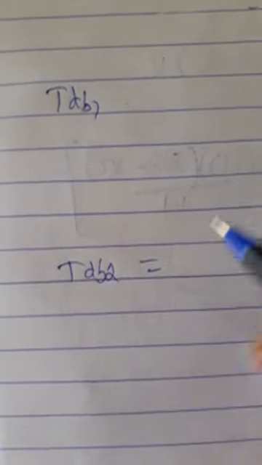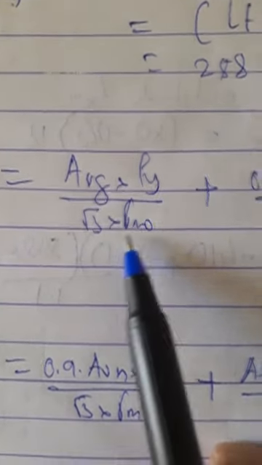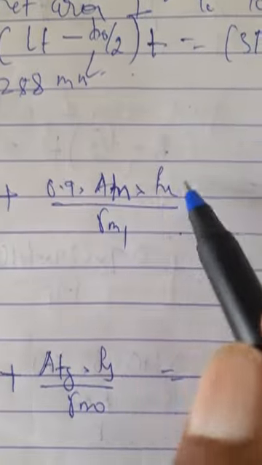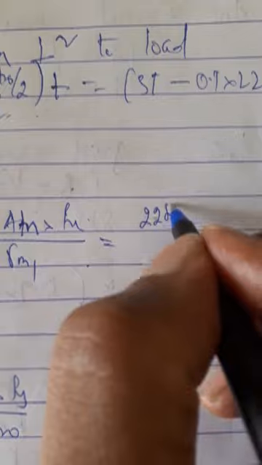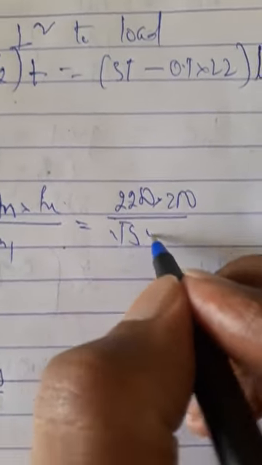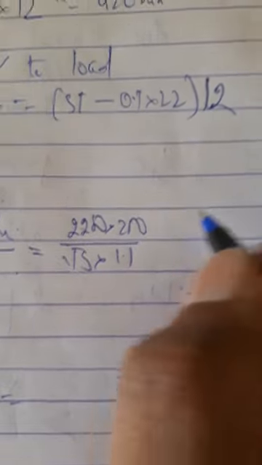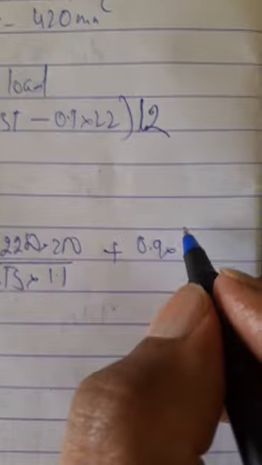Now let us write the equations for Tdb, Tdb1 and Tdb2. This is the equation: Avg Fy by root 3 gamma m0 plus 0.9 Atn Fu by gamma m1. Substitute the values: 2280 into 250 divided by root 3 into gamma m0 1.1, plus 0.9 into Atn.